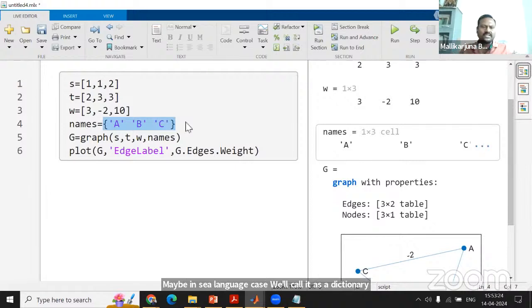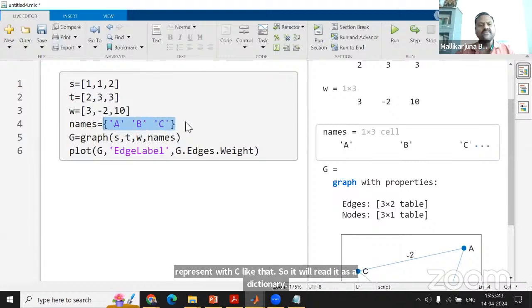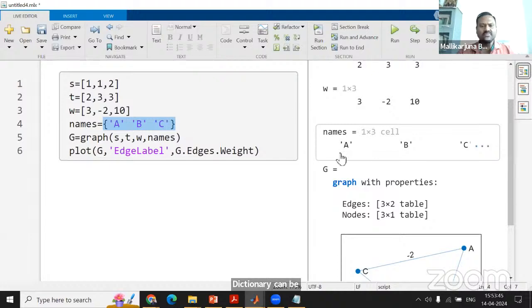We use braces for a dictionary; this is not an array. The first node is represented with capital A, the second node with capital B, the third node with C, like that. So it will read it as a dictionary, which can be given within the braces.